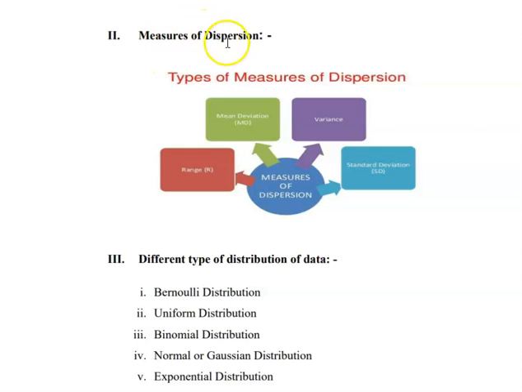The next one is about measures of dispersion. With measures of dispersion, we try to understand the spread of the data. How the spread can be measured with the help of range, deviation, variance, and standard deviation.